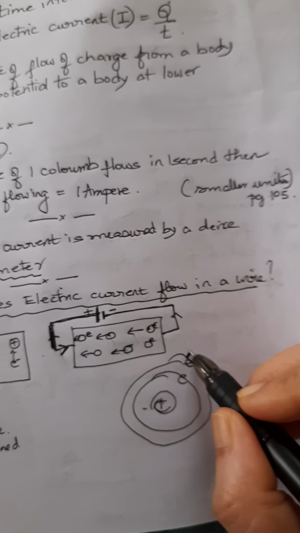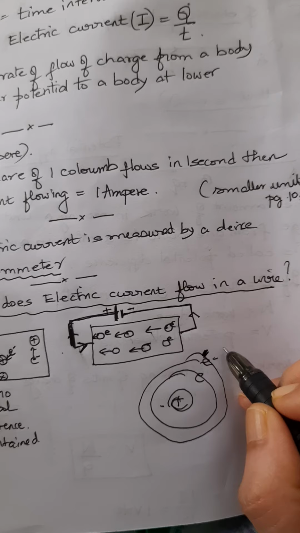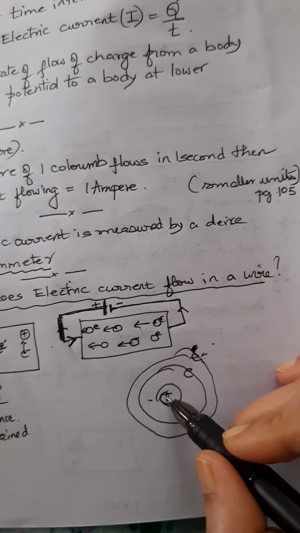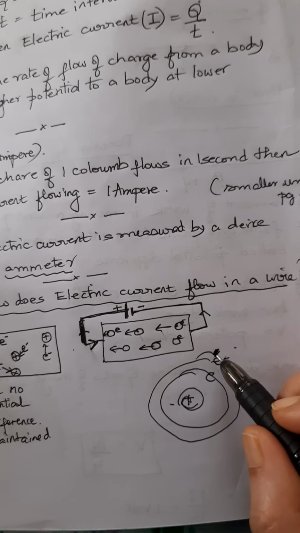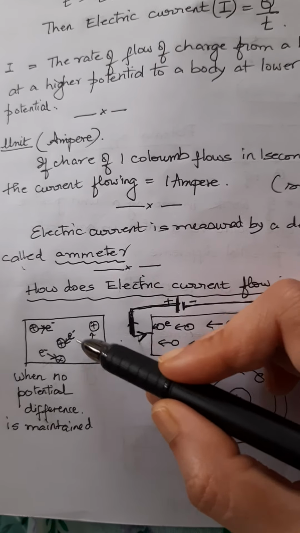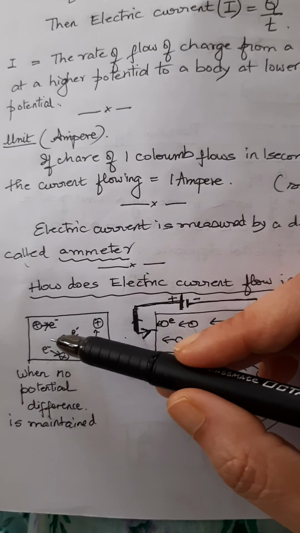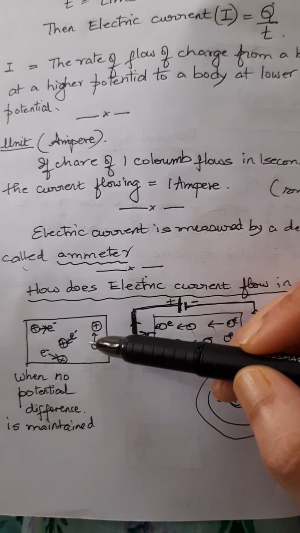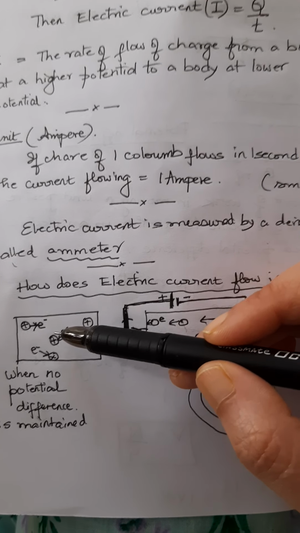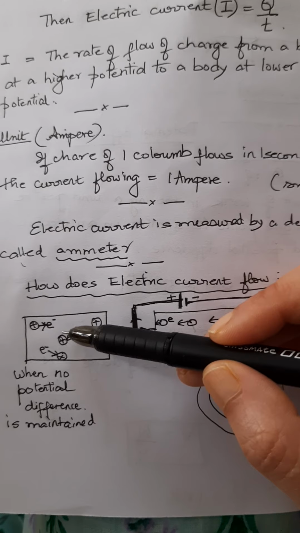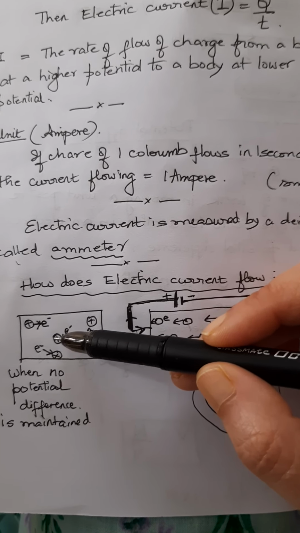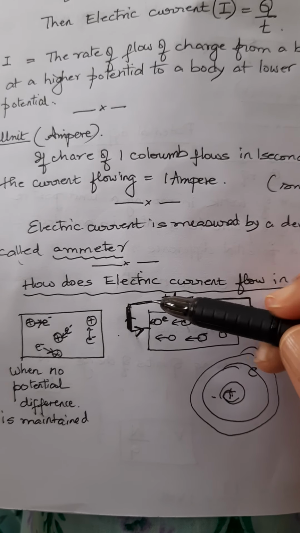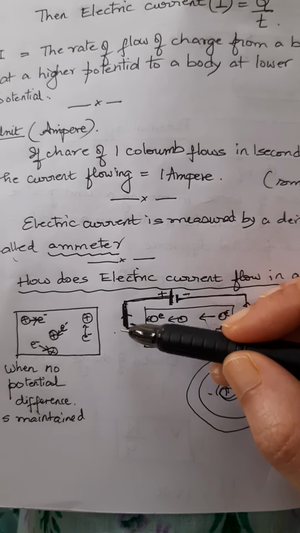The valence electrons, that is the electrons at the outermost shell, are not tightly held by the positive nucleus, so they are very free to move. They move in all directions, and when there is no potential difference applied, they collide with even the positive charges.